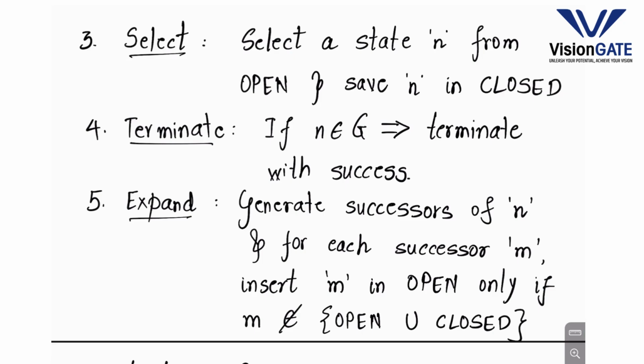Because if it is already present in the closed list, it means that the state is already explored and there is no need to waste time going down a path that we've already seen. And if it is already part of the open list, it's waiting to be explored and we don't need to add it again, otherwise we'll end up with duplicates. So this simple enhancement helps avoid unnecessary repetition and improves efficiency.